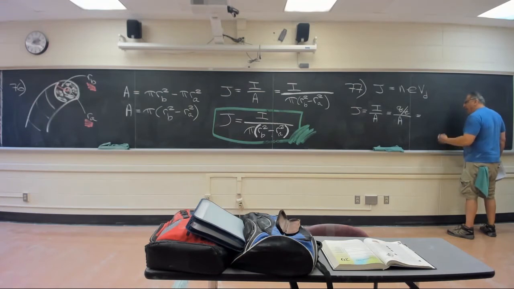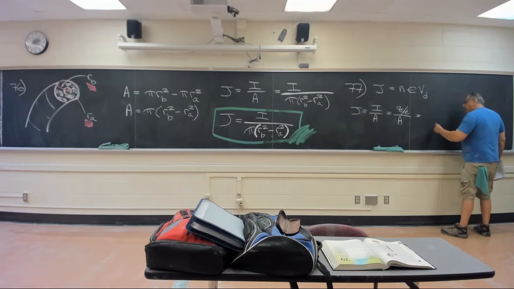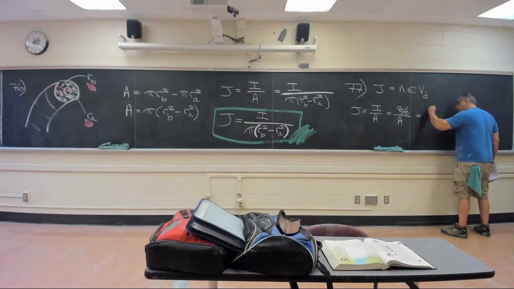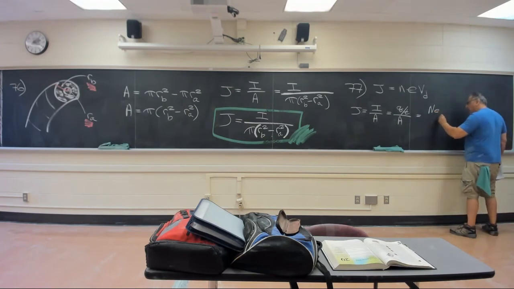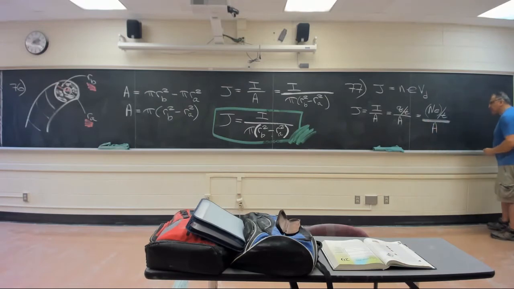We know that the amount of charge, the total amount of charge that actually went through, is N times E, the whole thing divided by t over A. This right here is charge carriers per unit volume.